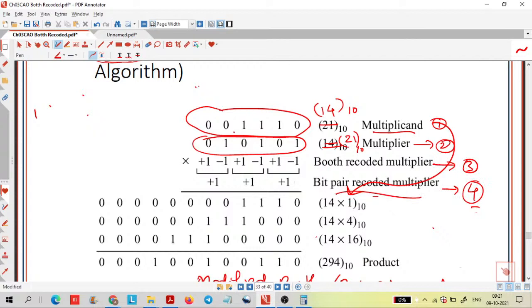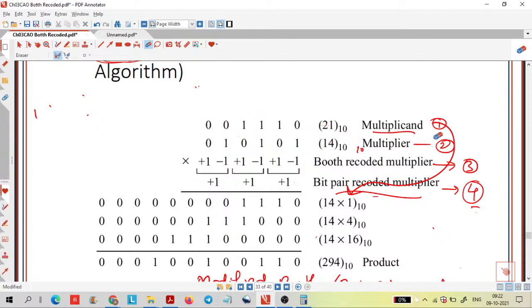So here the mistake is there. Yeah, is it clear? Even yesterday I was getting some confusion, but I had not observed carefully.